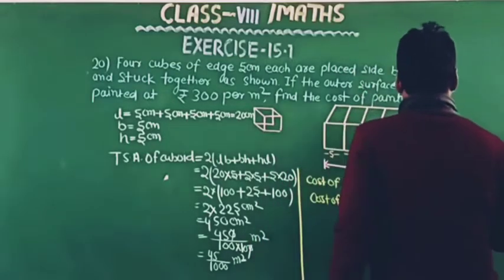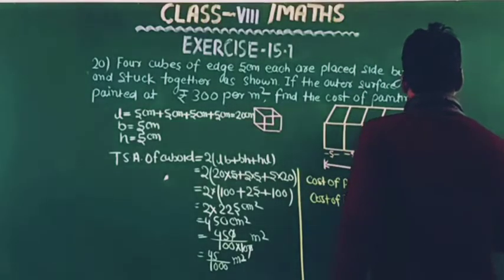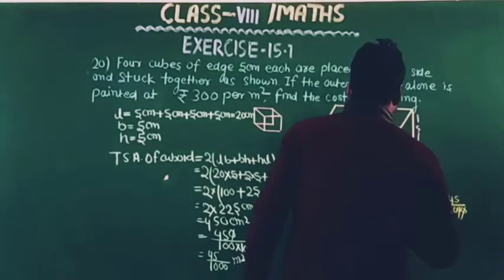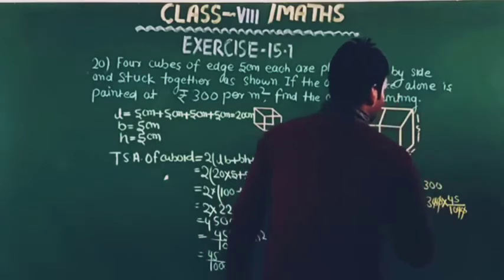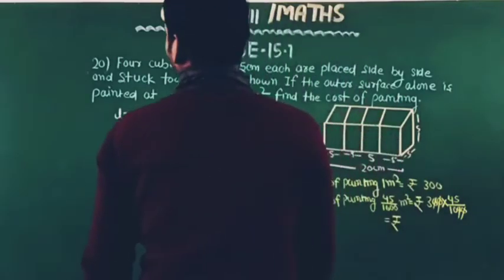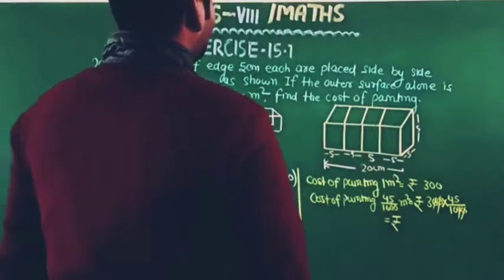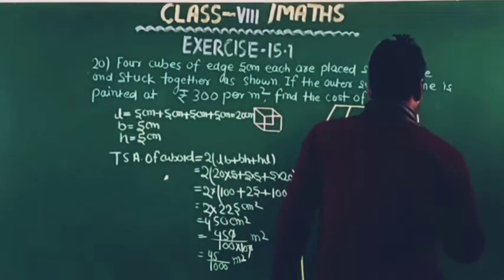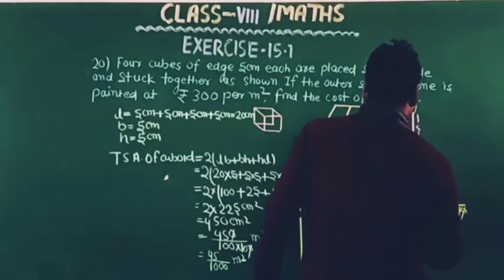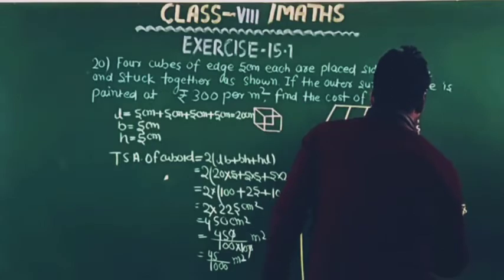We can cancel, and now multiply 3 into 45, so we get 135 upon 10.